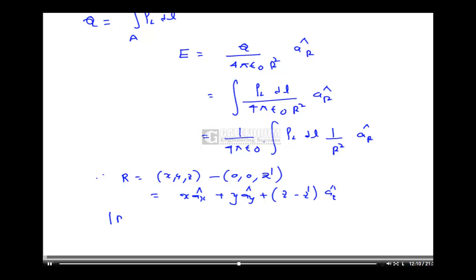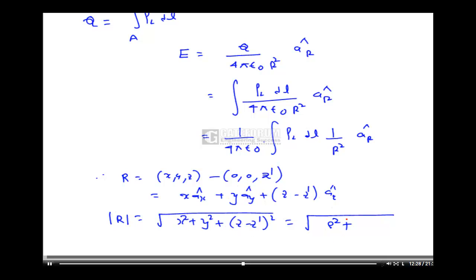So modulus of r is equal to square root of x square plus y square plus z minus z dash whole square, that is equal to square root of rho square, where x square plus y square I keep as rho square, plus z minus z dash whole square.